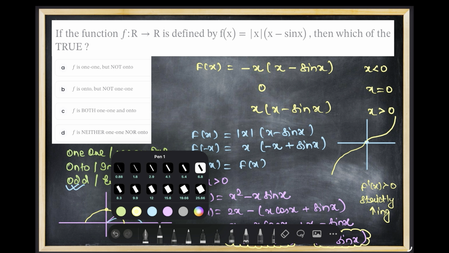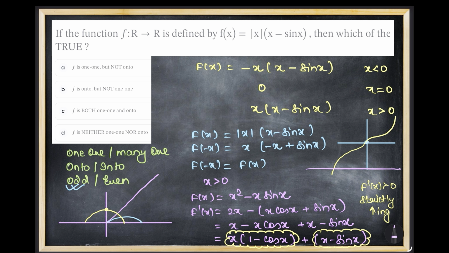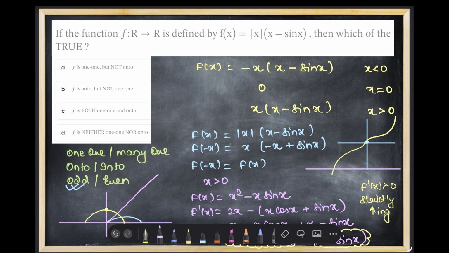Now look at this. If you observe directly, you can say whether it is 1-1 or many-1. So for 1-1, I will use the horizontal line test. So look here. It is one cut everywhere. As it is strictly increasing, one cut everywhere.